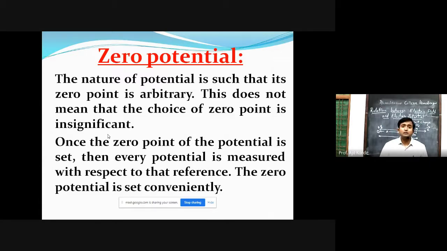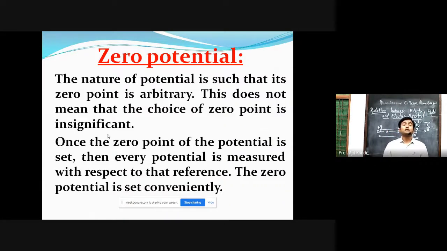If we have a system of charges, then where will be the zero potential? Correct? That will be at infinity. If we have system of charges, then zero potential will be at infinity. If suppose we have electrical circuit, then where will be the zero potential? Correct.